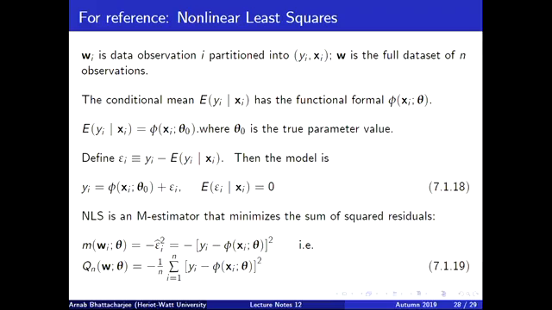And we make this assumption, the typical exogeneity assumption, and we have an M estimator which minimizes the sum of squared residuals. What is that? That is minus epsilon_i squared is our m, and then we sum it across all individuals, right? Okay. So our Q_n is this guy here.